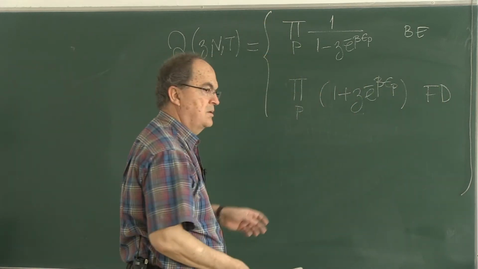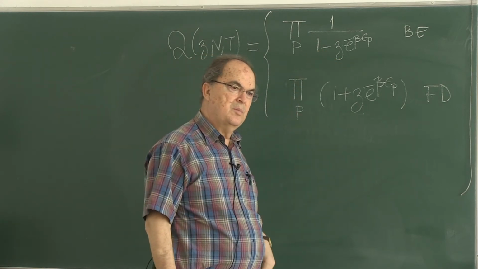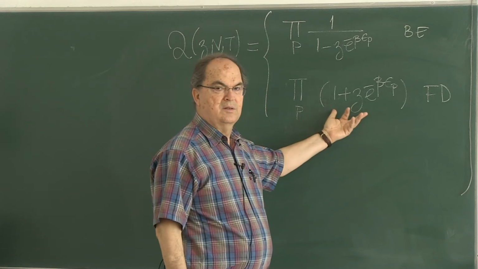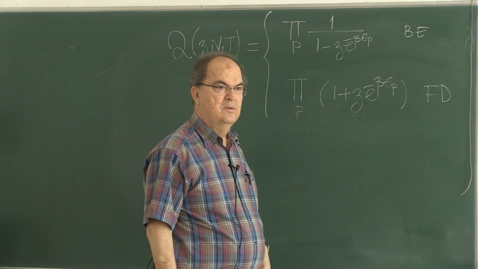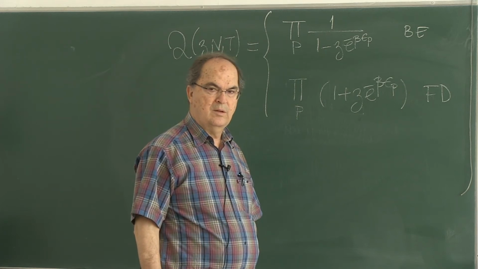When numbers can have any value, it is the power series 1 over 1 minus x. When it has two values, the sum has two terms in it. Okay? Is that okay?